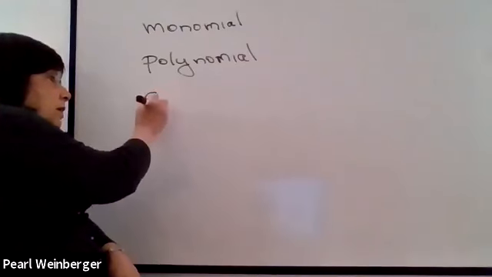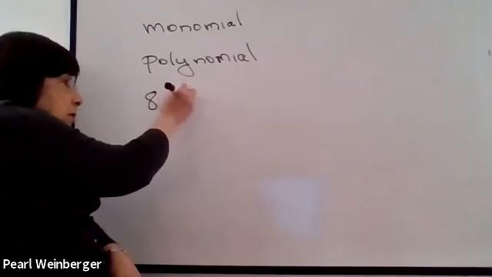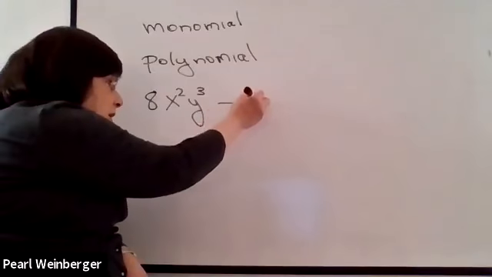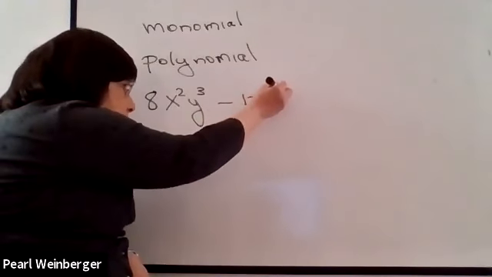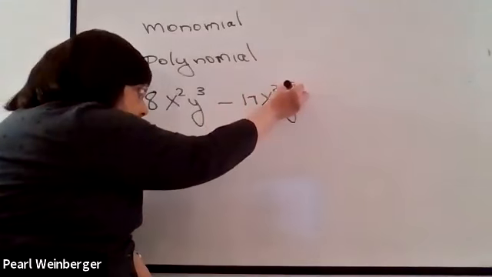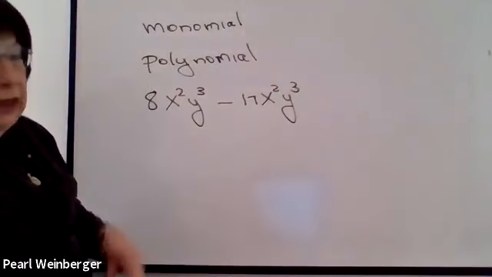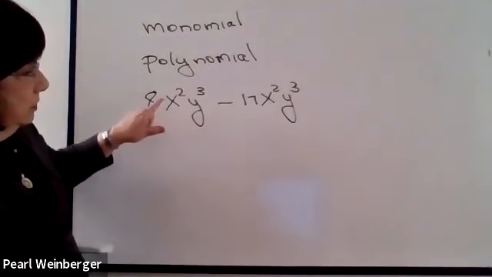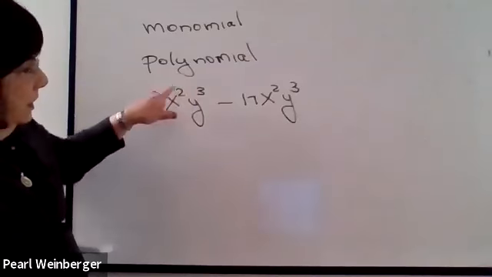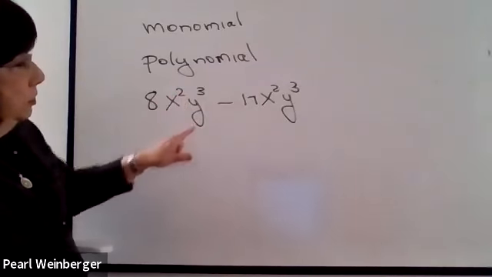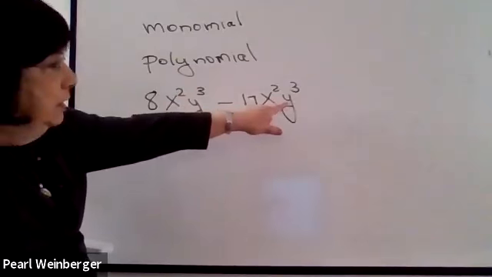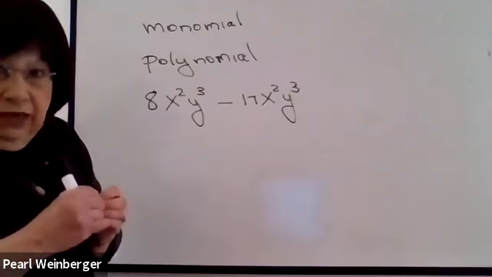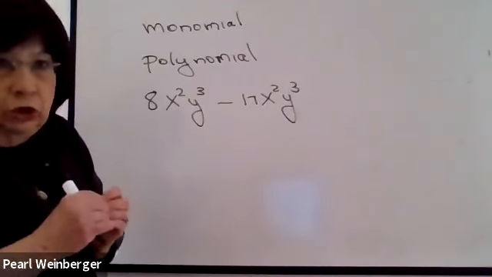So if I have something like this, 8x squared y to the third minus 17x squared y to the third, I have this binomial. Looking at the letter parts, this is an x squared, a y to the third, and this is also an x squared and a y to the third. The letter parts are identical. This means they are like terms.